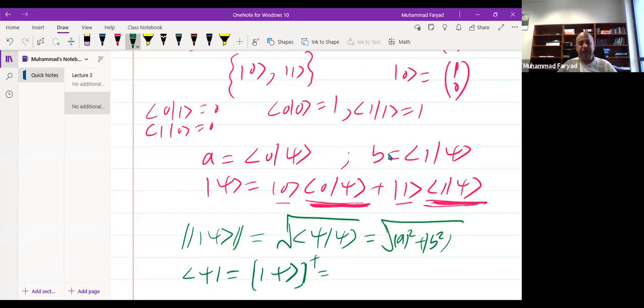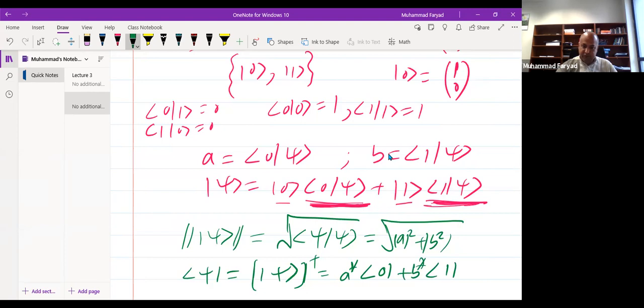So you take the conjugate and you take the transpose. This A becomes A star, since it's a scalar, so no worry about transposing. And this 0 column vector now goes to a row vector, which we represent with bra 0, and then this B becomes B star, and so on.